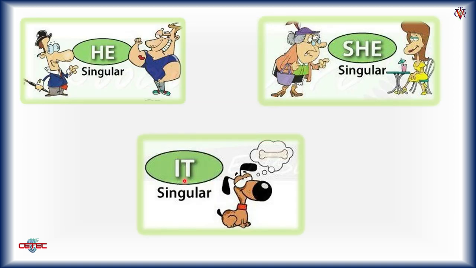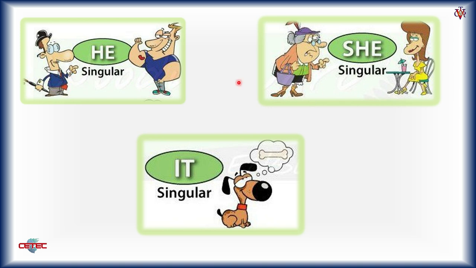Now, he. He is about a man and is singular. That means only one. When you mention one man, he. Now, when you are talking about a girl, she, in singular, that means only one.